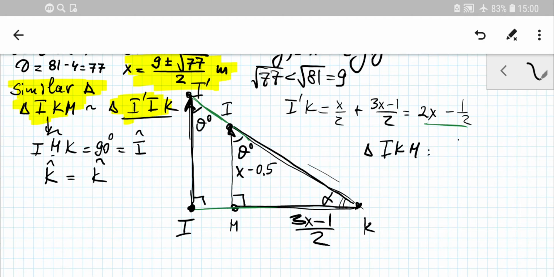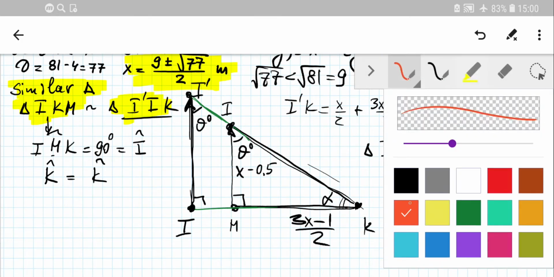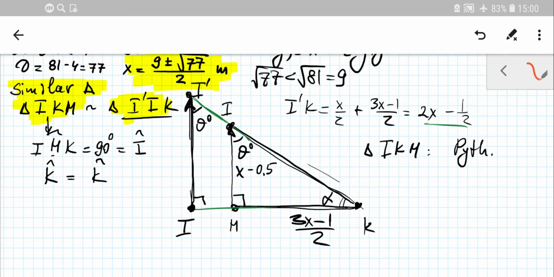So using Pythagoras, we can figure out what the IK side is. So we want to figure out this side. I put the red one. So for that side, it's here. Okay, so let's figure out the size of IK. It's the hypotenuse, right?